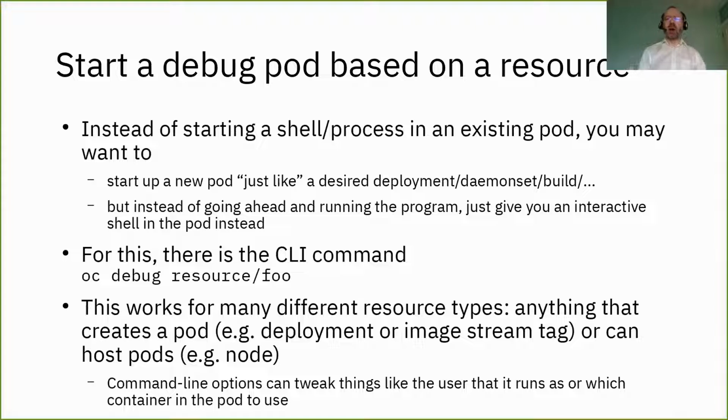So what oc debug for that kind of resource does is it figures out what kind of pod the resource would have created and just tweaks it a bit, so that instead of running the software with all the options itself, it loads everything up into that container and then starts a shell in it for you. And that's a nice way of debugging things as well.